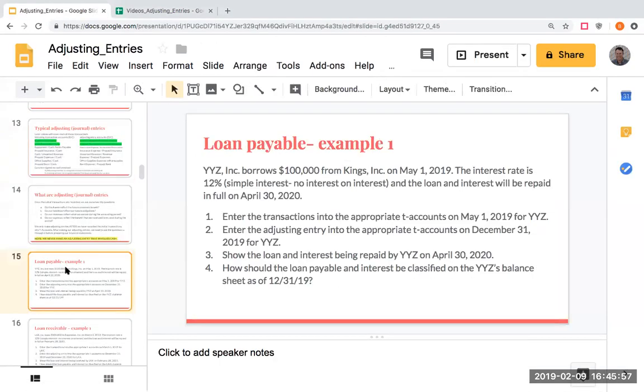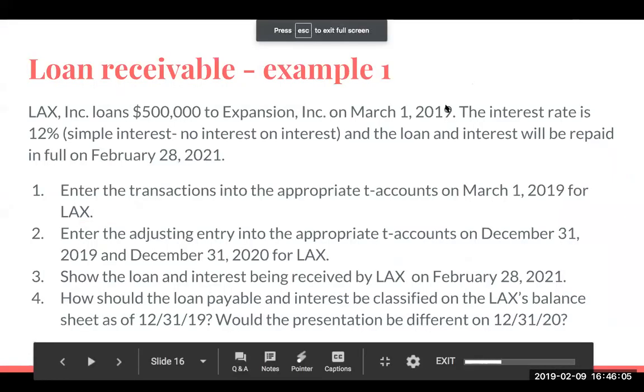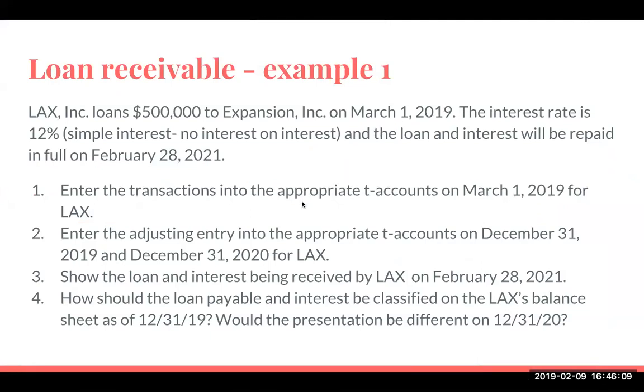Okay, here we're back, and we just did the first example of our loan payable, and here is a second example, which is going to be a loan receivable. So here we have LAX loaning money to Expansion Inc. on March 1st, 2019. The loan will not have to be repaid until February 28th, 2021.